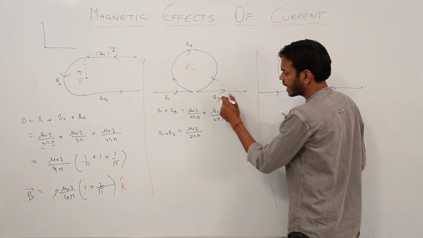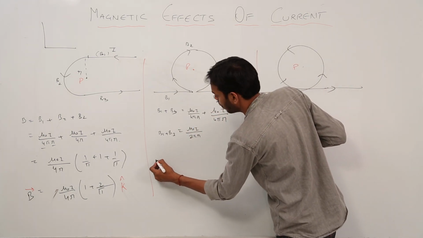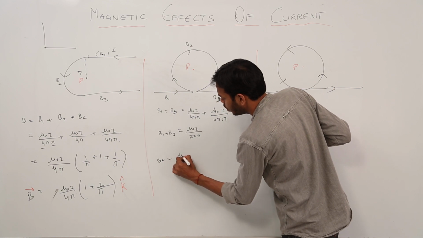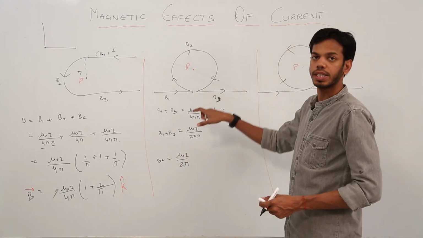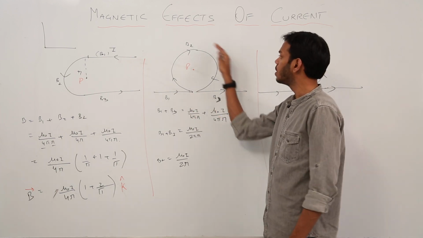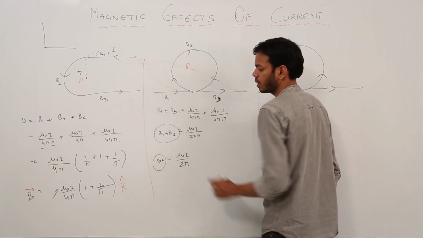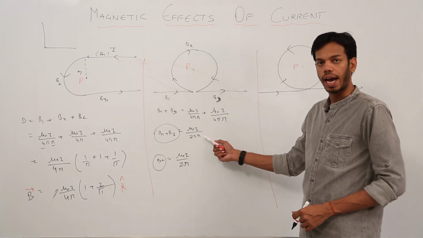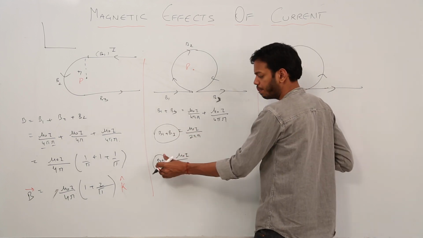I made this mistake twice or thrice in this whole page, right? Anyhow, B2 is mu naught I upon 2r, because it is a complete circle, a small gap doesn't matter. So for a complete circle it is 2r. So which one is greater, this one or this one? The denominator is higher on this side, so that makes this whole term smaller. B2 is greater.